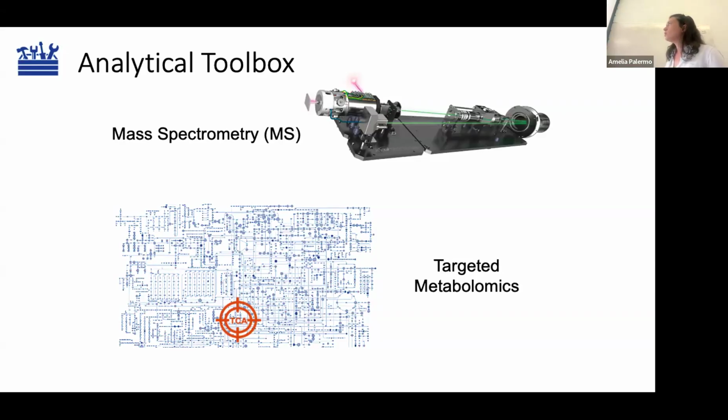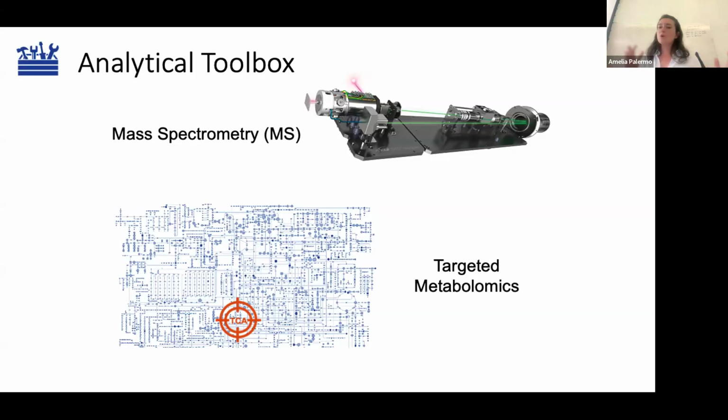Because of that, we are able to select the pathways and the metabolites that we want to measure, and then develop on the mass spectrometer a method that specifically targets those metabolites, quantifies them, and provides us a report of abundances and identities.